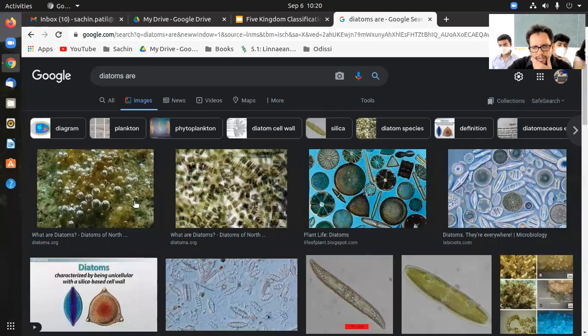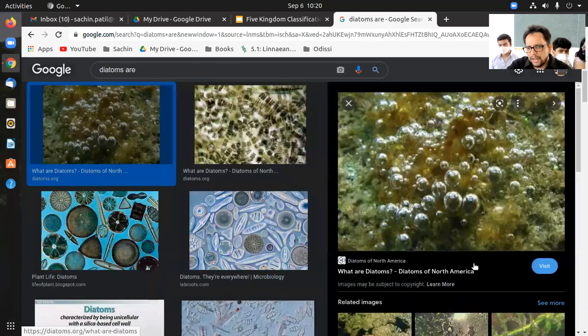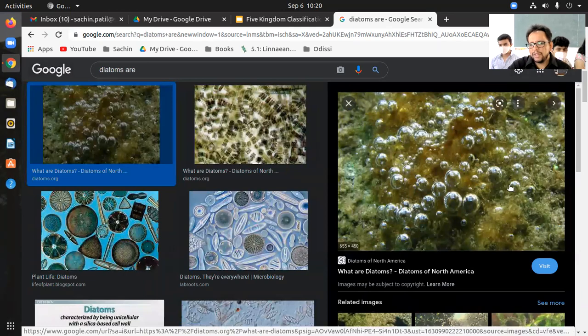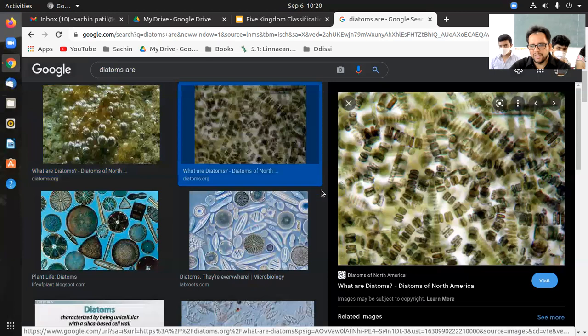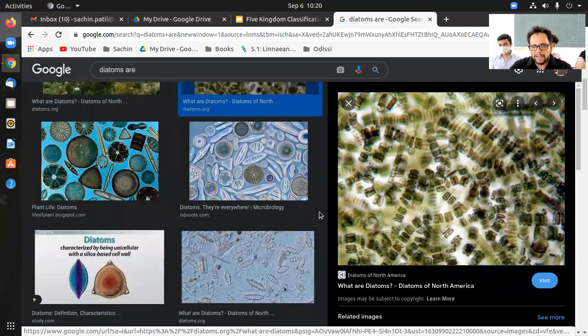So yeah, these are the diatoms. You can see them as very microscopic because they are unicellular, right? So you won't be able to see them with naked eyes. That's when you need to see them under a microscope.